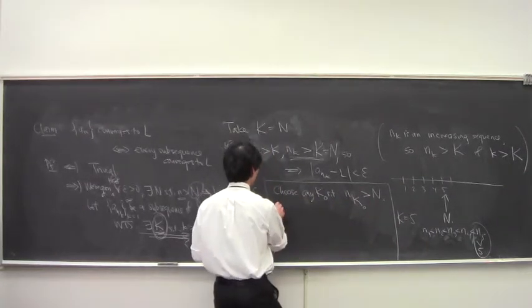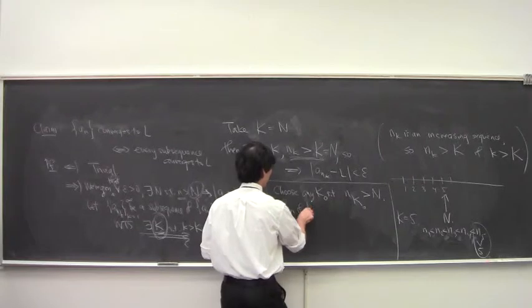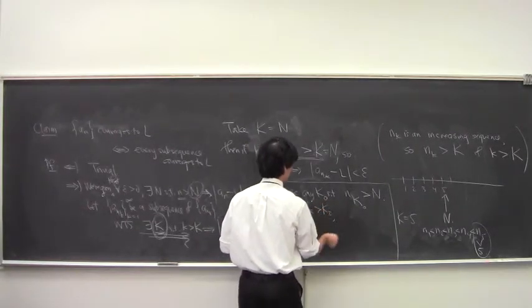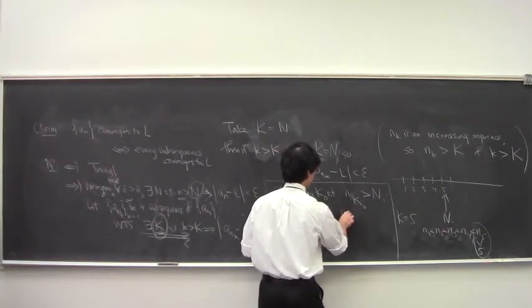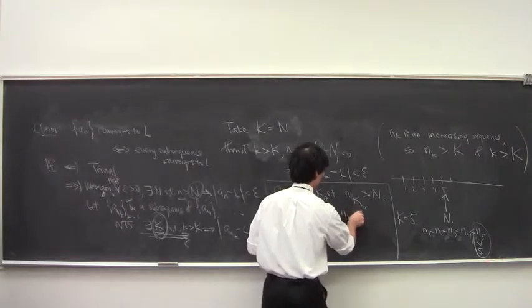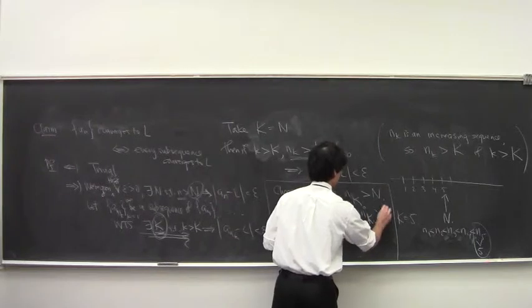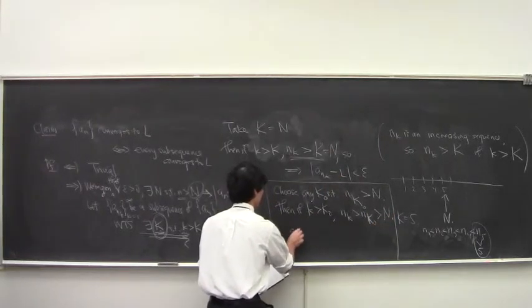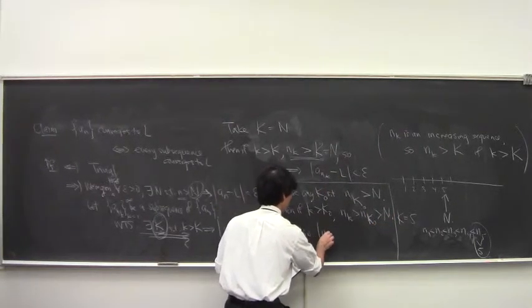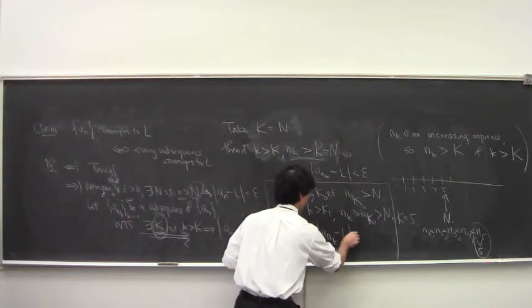Then, if k is bigger than k naught, certainly n sub k is going to be bigger than n sub k naught, which is bigger than n. And so a sub n_k minus L would be smaller than epsilon.